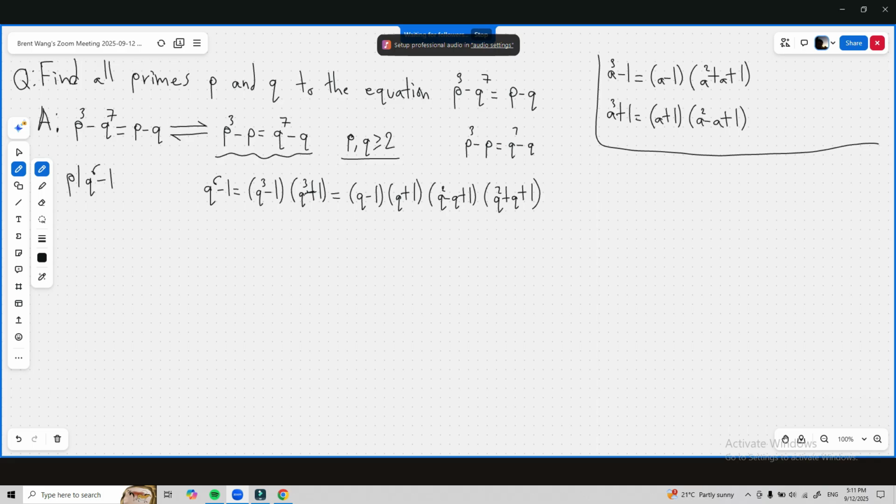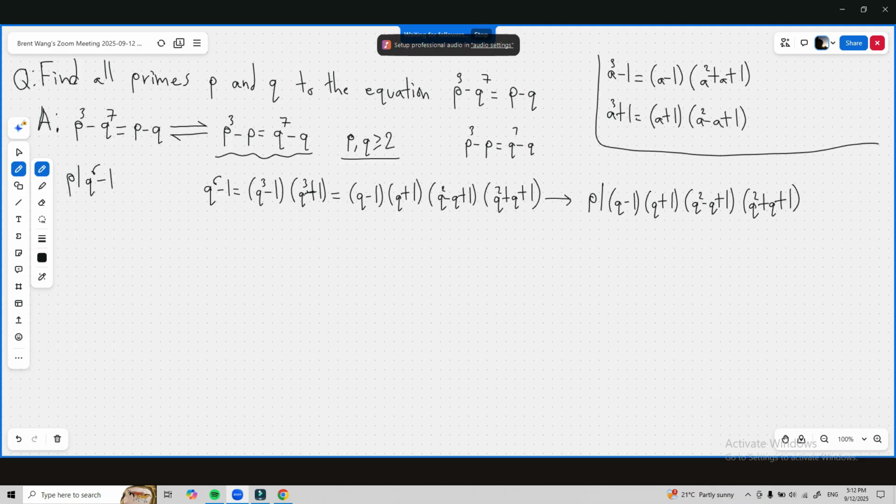Okay, so this means that P has to divide one of these four: Q minus 1, Q plus 1, Q squared minus Q plus 1, and Q squared plus Q plus 1.